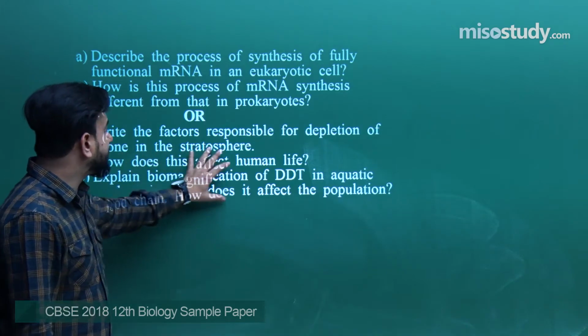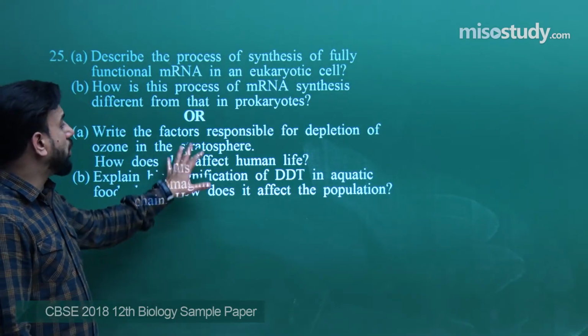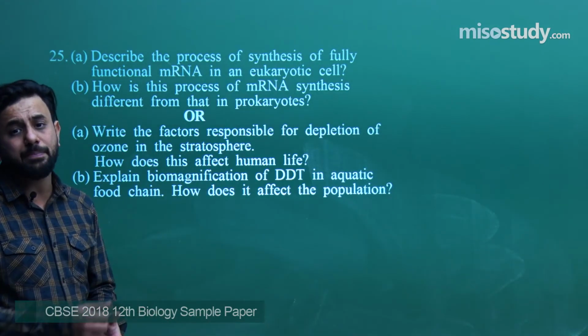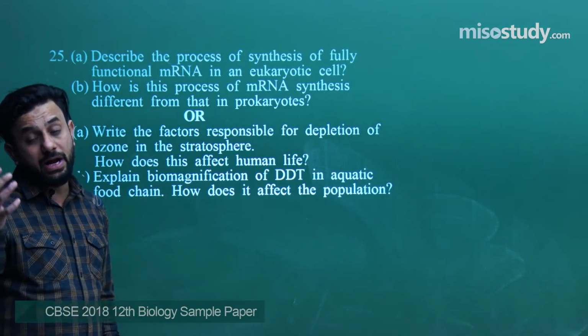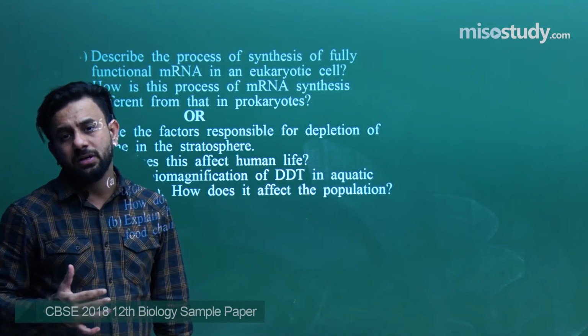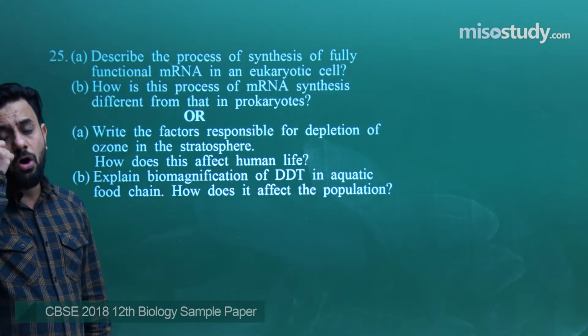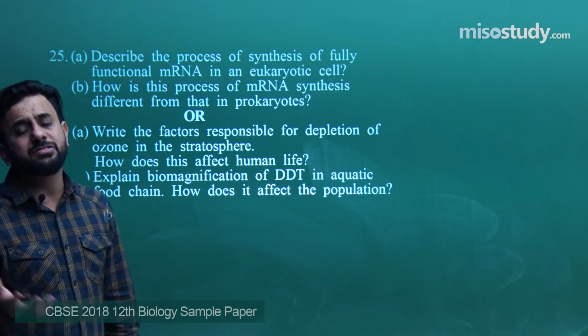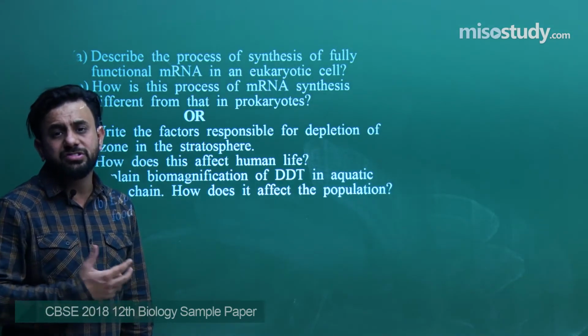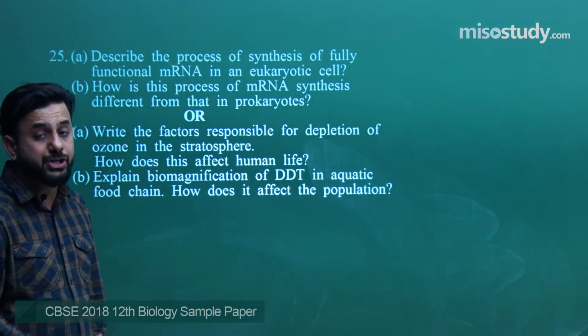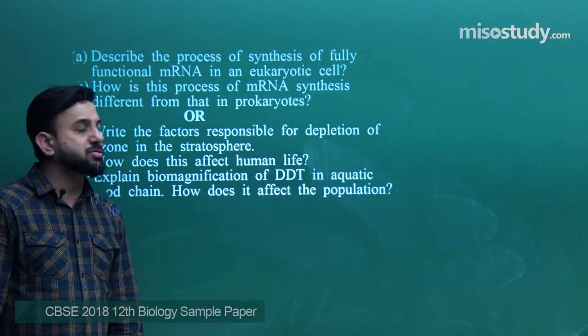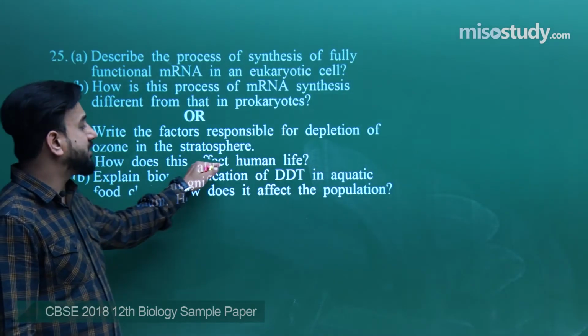So, how does this affect human life? If the ozone layer is not there, then what will happen? The ultraviolet rays will directly affect us, causing dermatitis, skin cancer, opacification of the cornea, and many things related to skin, and it can cause mutation leading to cancers. So, that is why the ozone layer is very important.